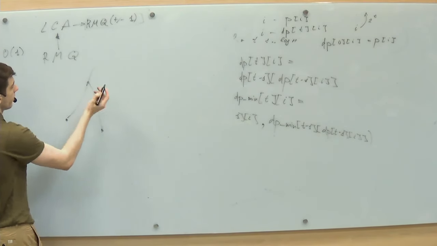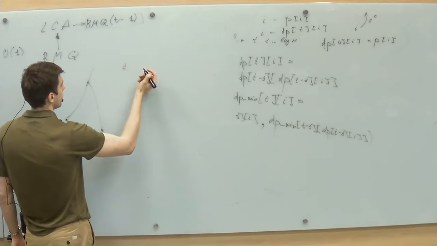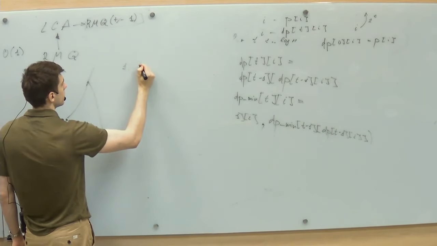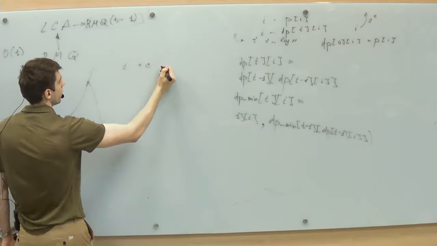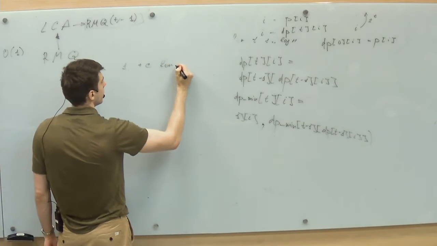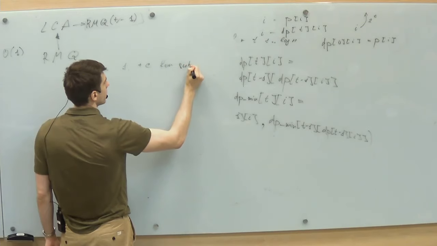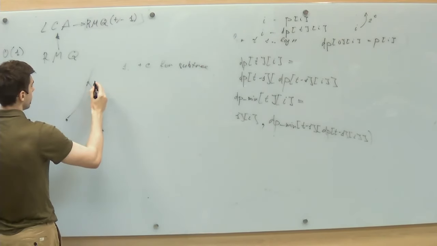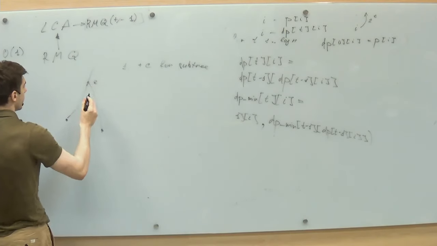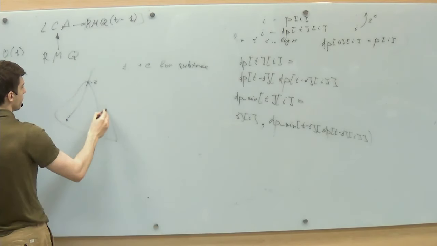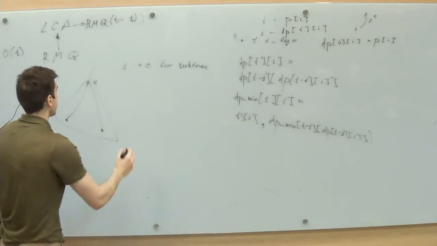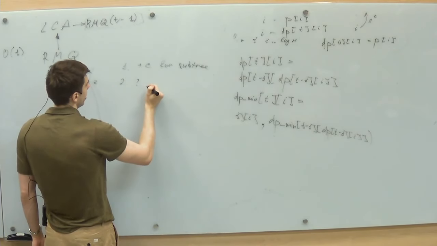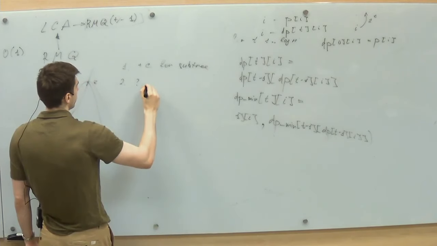Query number 1 is to increase, inclusive, for a subtree. So if we have this vector z, this query should increase the weights of all elements in the subtree. And the second one is just to know the weight of some vertex b.